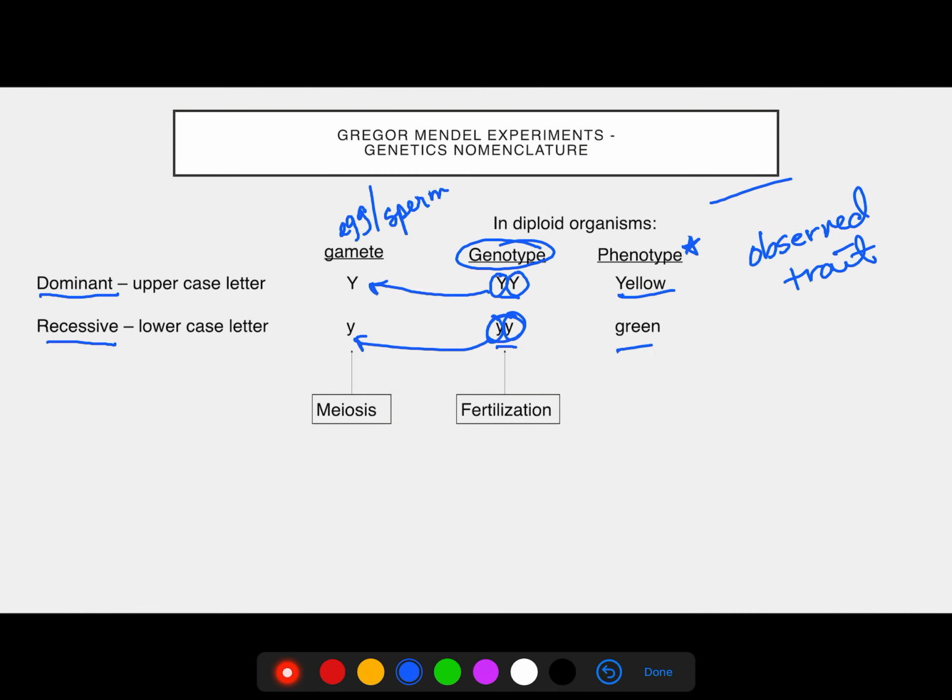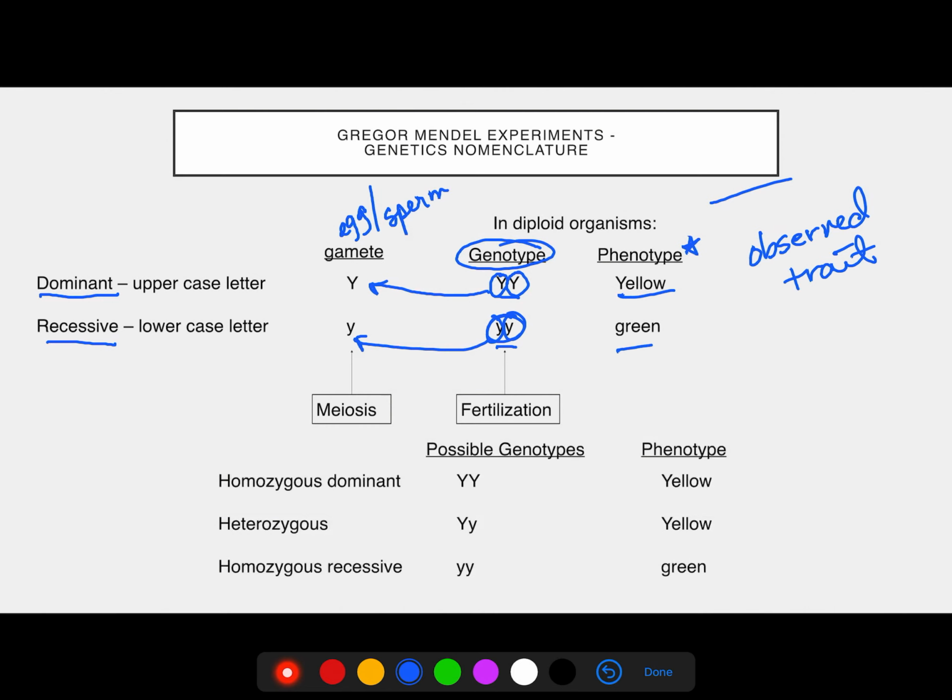There's a lot of vocabulary that goes into understanding this particular chapter, so it's really important for you to be able to do that. I want to give you a phrase. If I say homozygous dominant, and you write for me the possible genotype, you know that's going to be two capital letters.